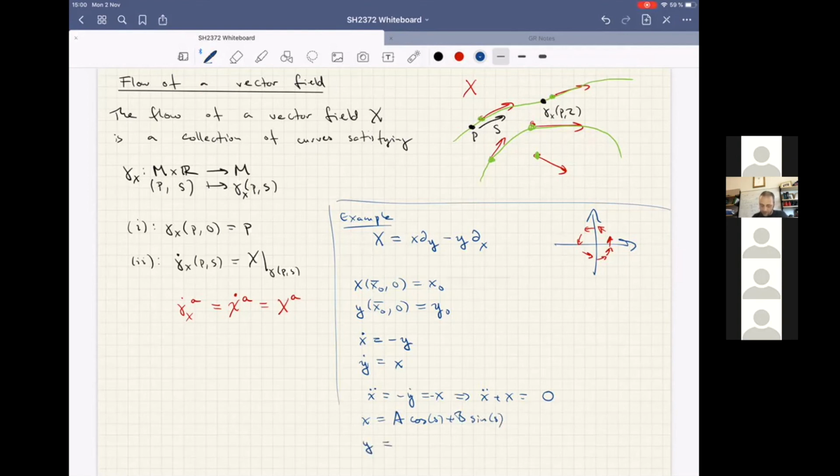Differentiating this, you get minus a sine s plus b cosine s, and then identifying with the initial conditions, we identify that a is equal to x0 and b is equal to y0. That will give you the flow line that starts at x0, y0. And as you can see, it's exactly a circle, as we would expect.